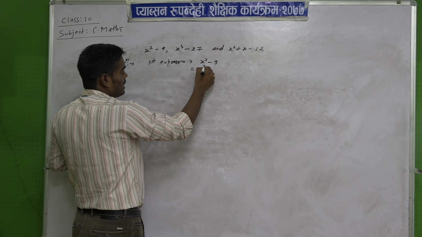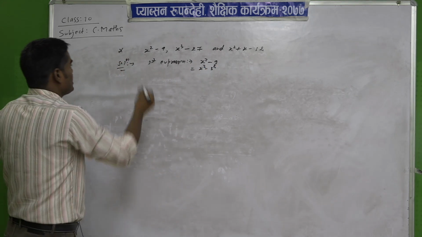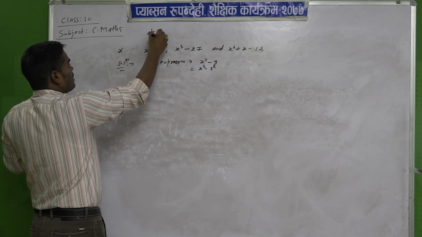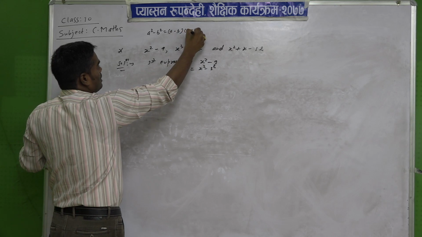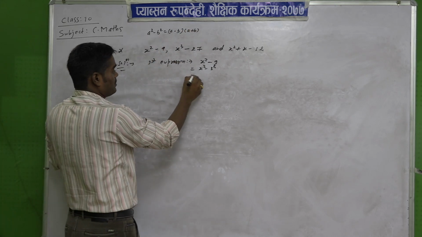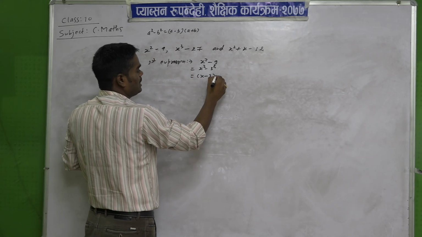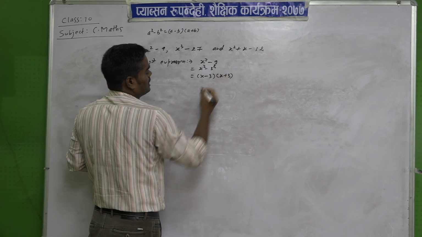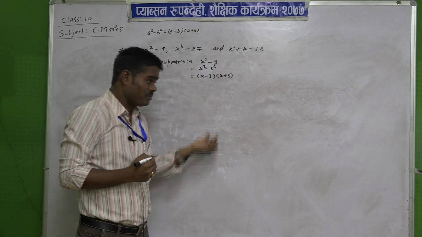So, here we can write x square minus 3 square. We know the formula: a square minus b square means what? (a minus b)(a plus b). So, use this formula. Here a means x, b means 3. So, x minus 3 and x plus 3. These are the factors, and we cannot factorize this further.